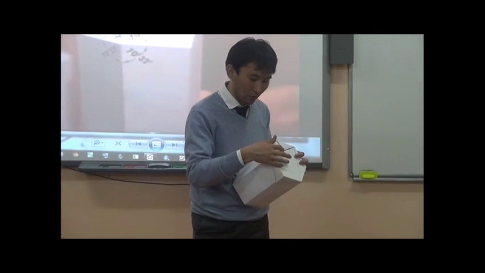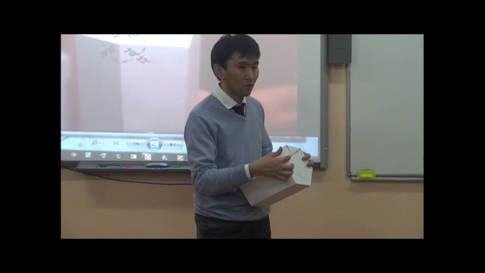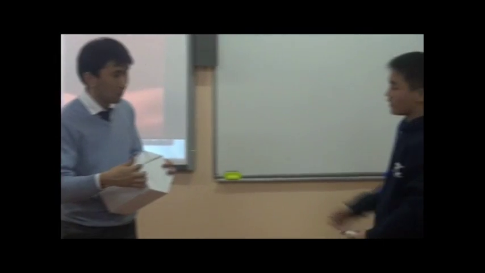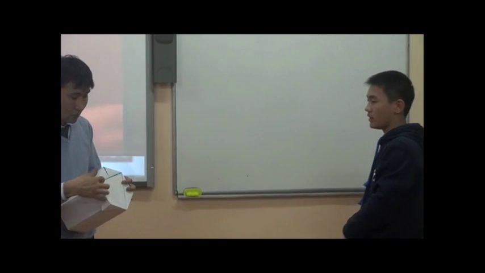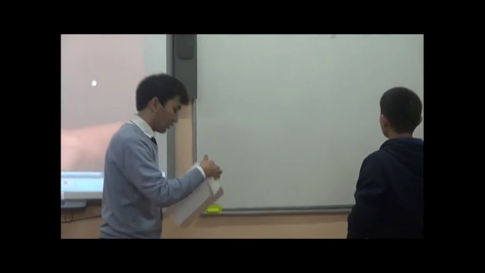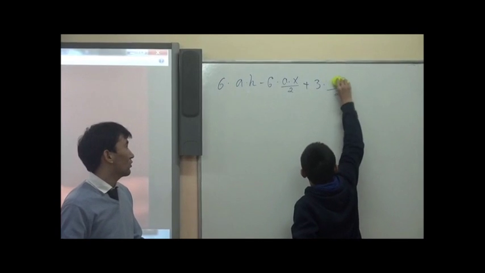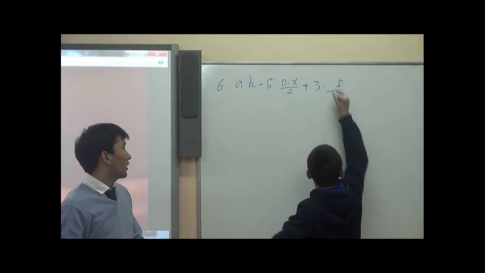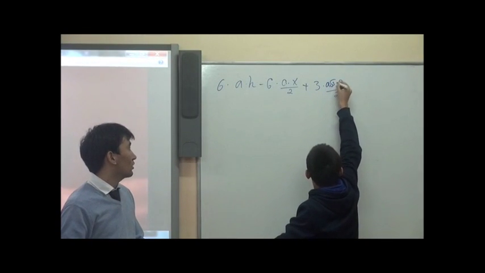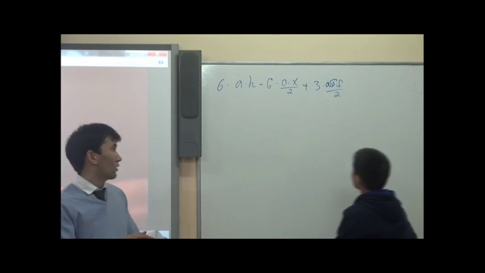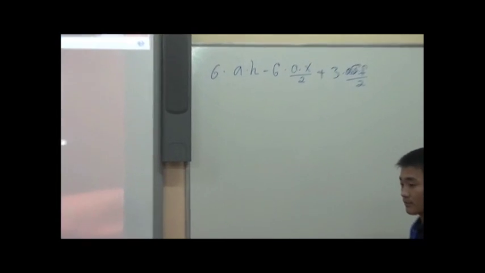What about this one? a root 3 over 2. We have 2 of these bases, so they will be a root 3. That's correct. The length of this diagonal is a root 3. a root 3 multiplied by F. Okay, let's find the F now.